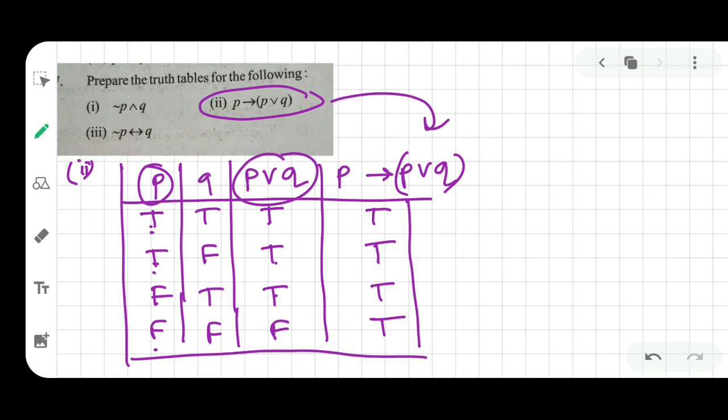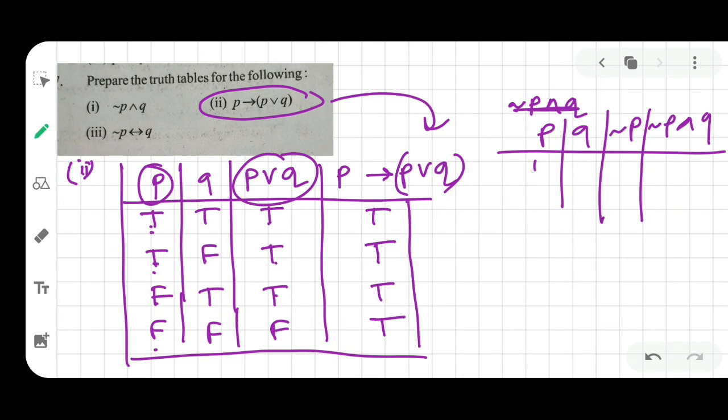Okay, in a similar way you can find the truth tables for not P and Q. Simply, if we have P, Q, then not P, and not P and Q. If true, true, not P is false, and not P and Q will be false.